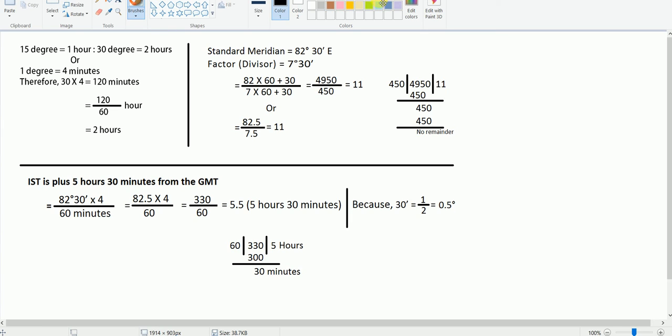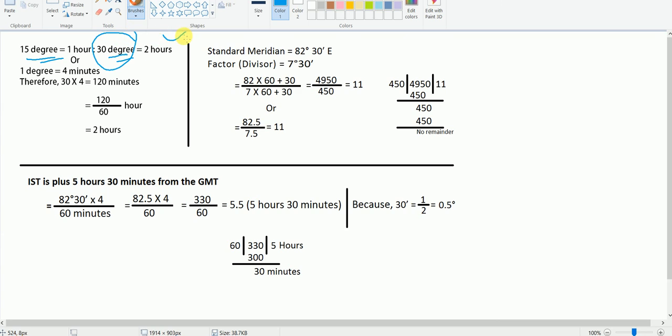Just see here. You must know that 15 degrees is equal to 1 hour. That means 30 degrees is equal to 2 hours. If there is a difference of 1 hour for every 15 degrees, then we have learned that the difference between the easternmost and the westernmost longitude is 30 degrees.